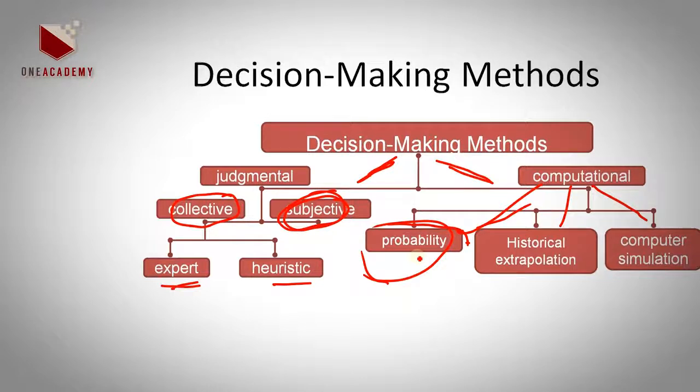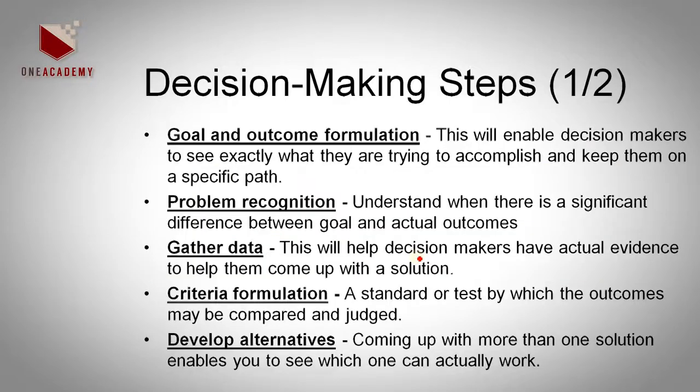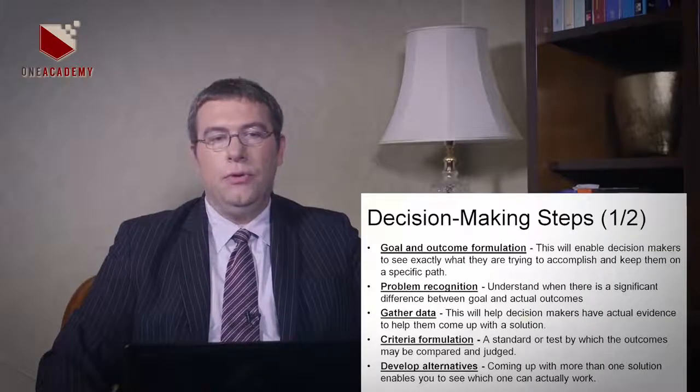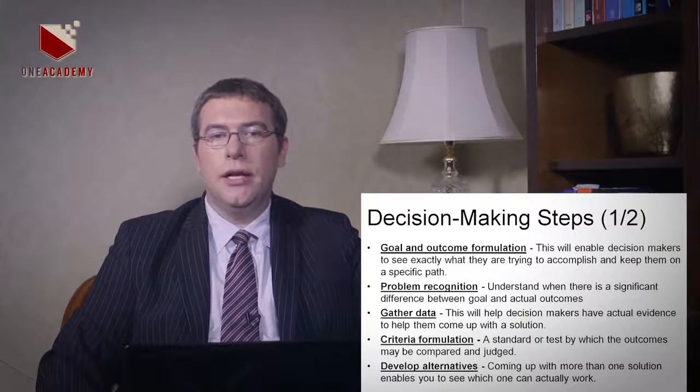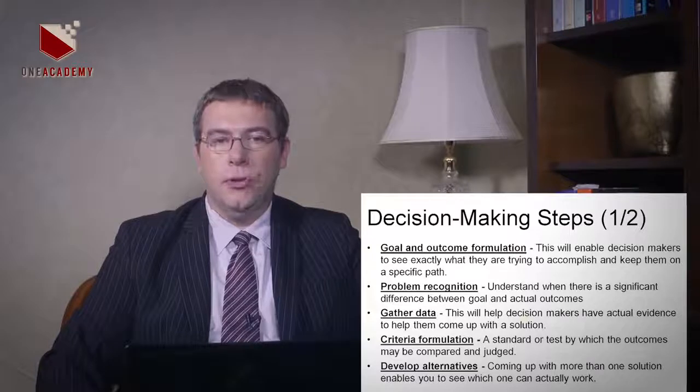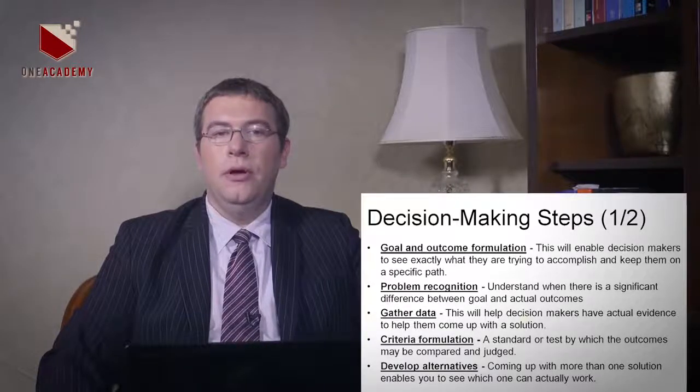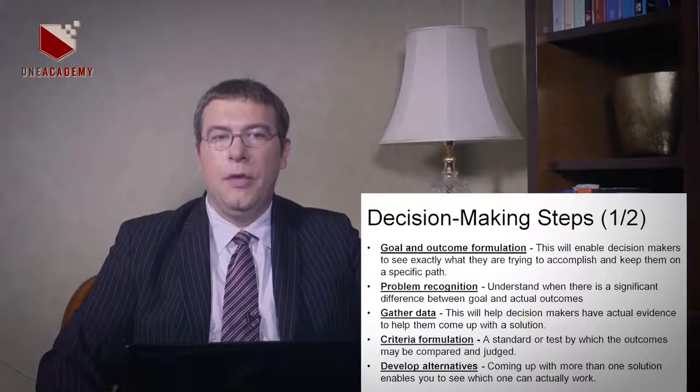When we are speaking about any decision-making, there are decision-making steps or stages that we should go through, and they are as follows. First is the goal and outcome formulation. This will enable decision makers to see exactly what they're trying to accomplish and keep them on a specific path.